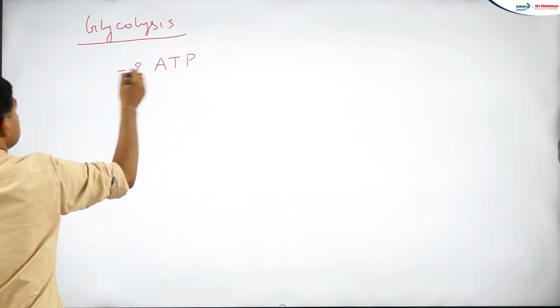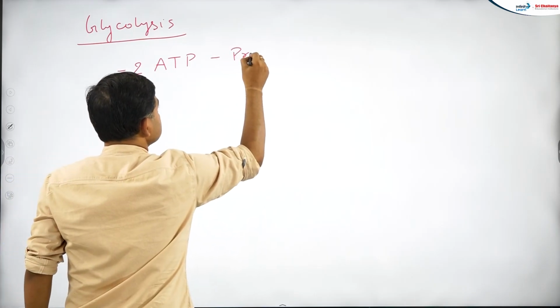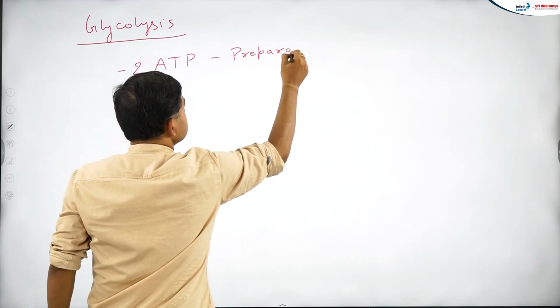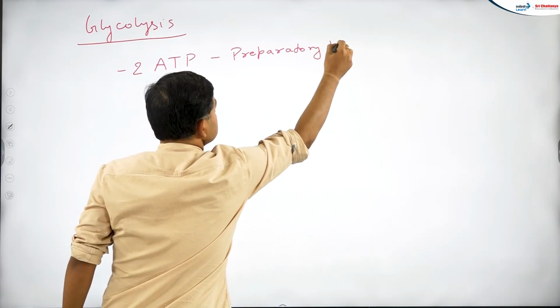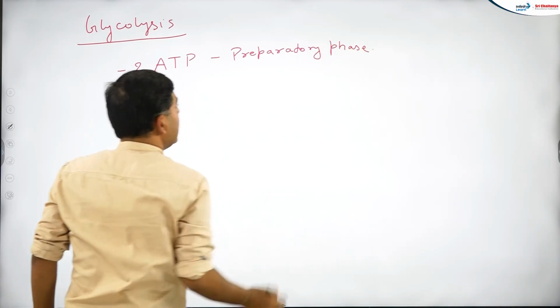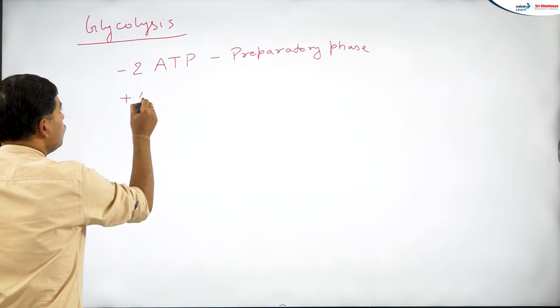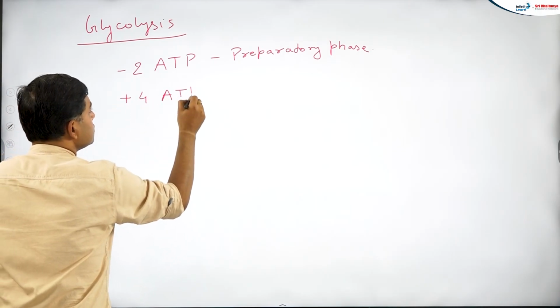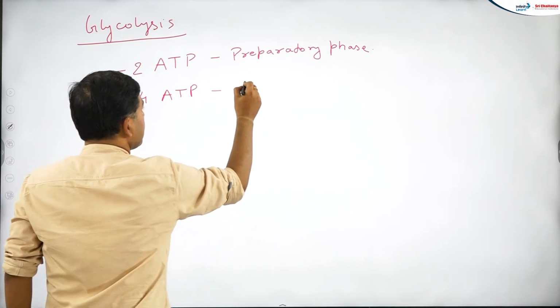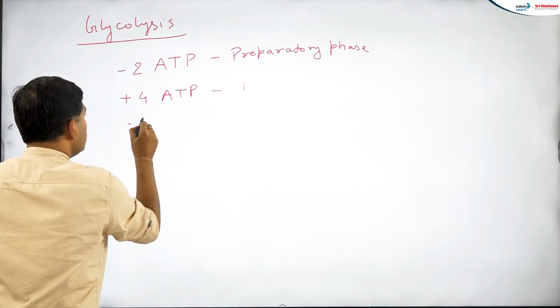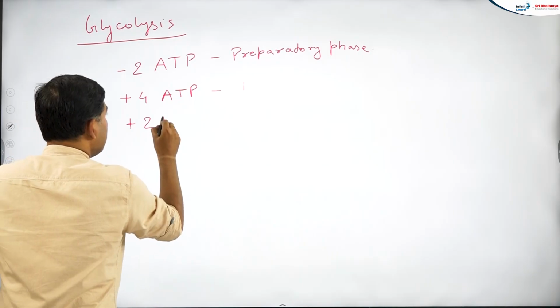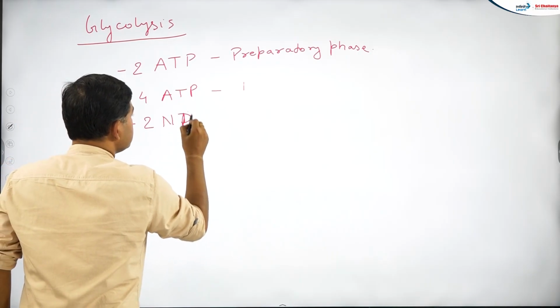This was in the preparatory phase. Then in the payoff phase, what we observed, 4 ATP is produced and 2 NADH is also produced.